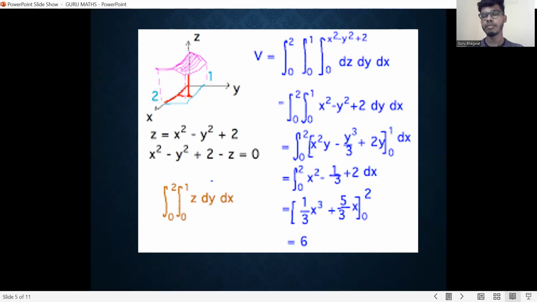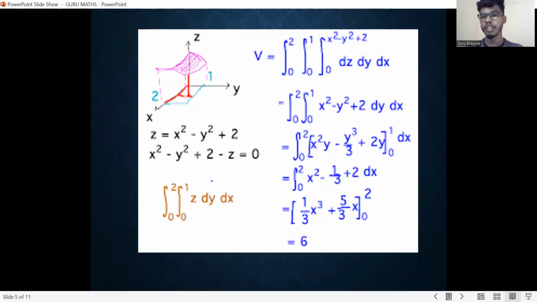So x square will become x square y, minus y square will become y cube by 3, plus z becomes zy, with the limits 0 to 1. Next move on to integrating with respect to dx. While applying the upper limit and lower limit, we'll get x square minus 1 by 3 plus z, dx.